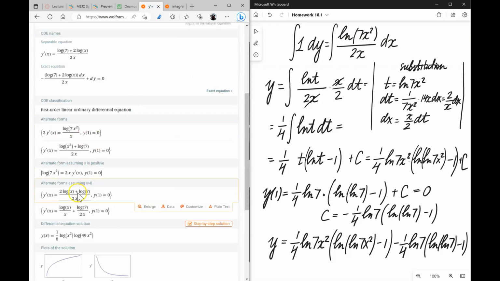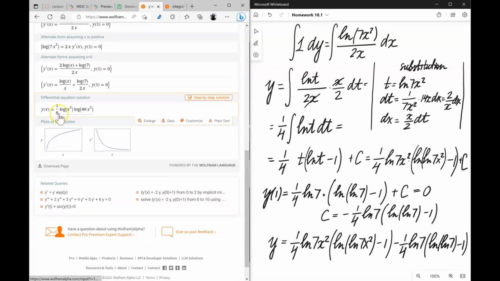How come their answer looks so simple? And where does the 8 come from? That's the question. So we have this.